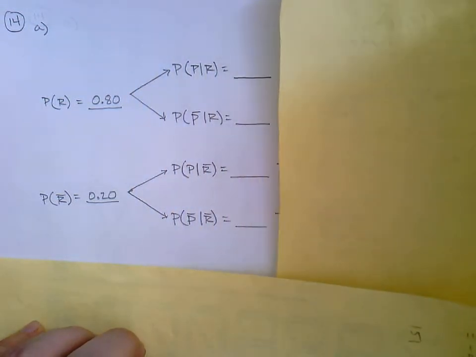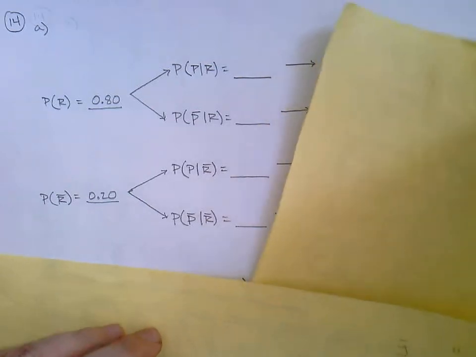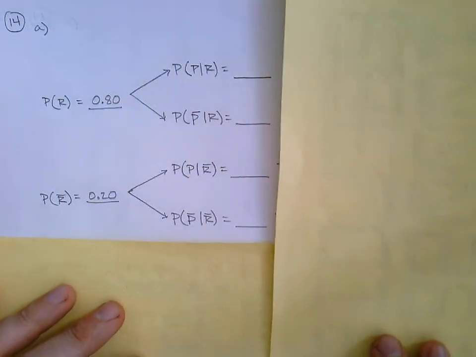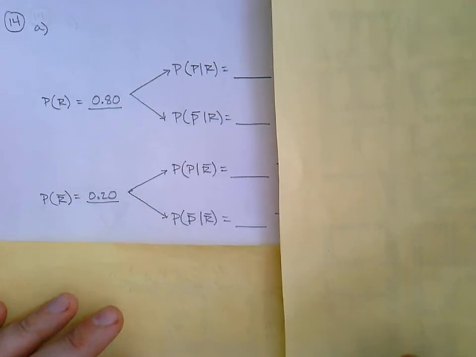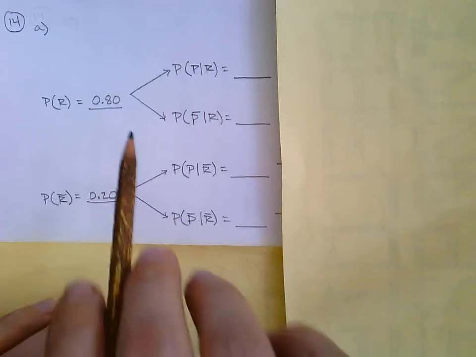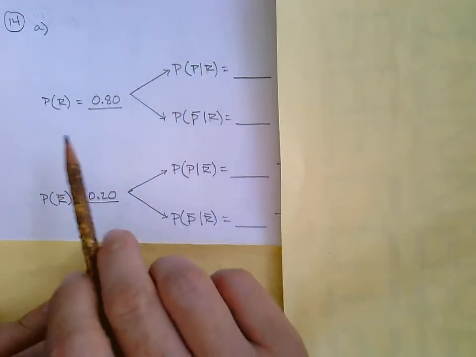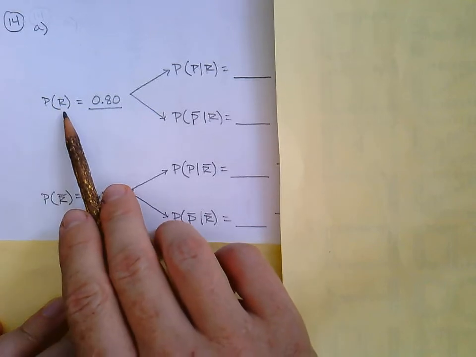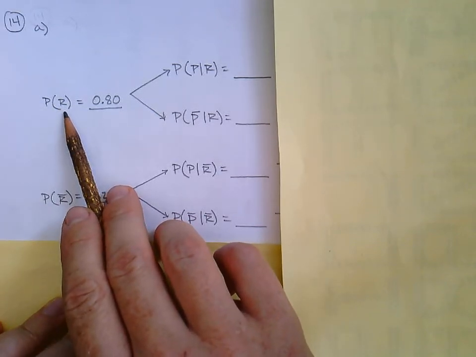The next piece, let me rotate some things. That's a little bit easier. Each of these is going to get split in half. Focusing on the probability of R, these are the people who went to the review.